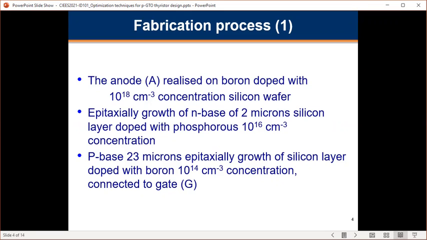And then we have an epitaxial growth of the N base, 2 microns layer, phosphorus concentration, and the P base, a thick P base of 23 microns, epitaxial growth of a silicon layer doped with low concentration boron, connected to the gate. We will see later the doping profile for the device.